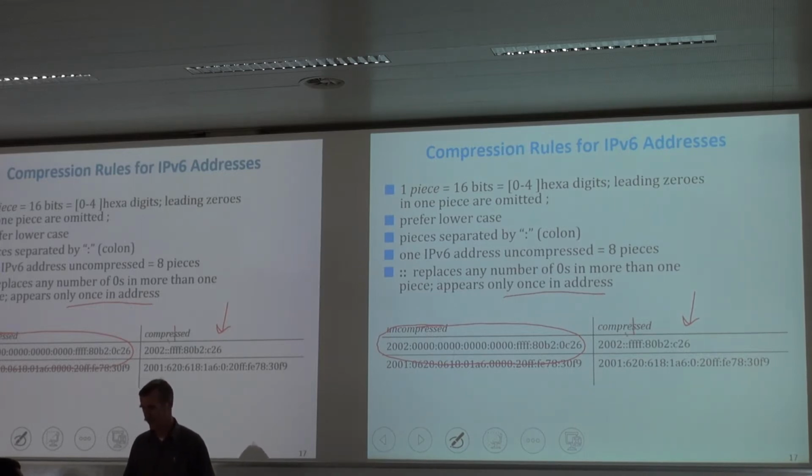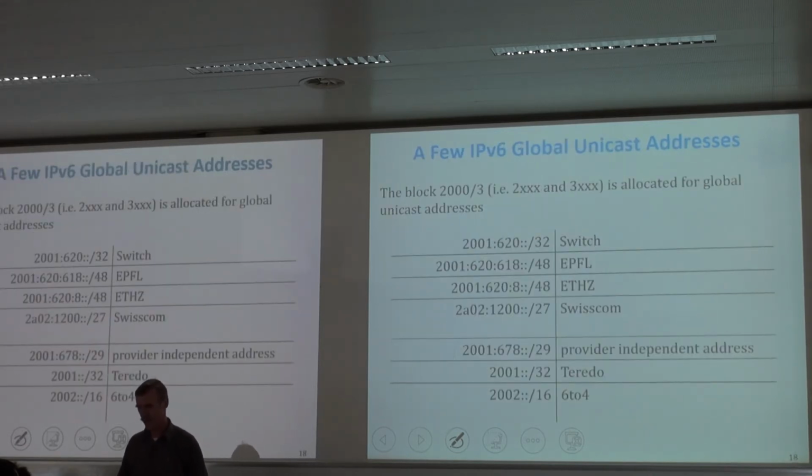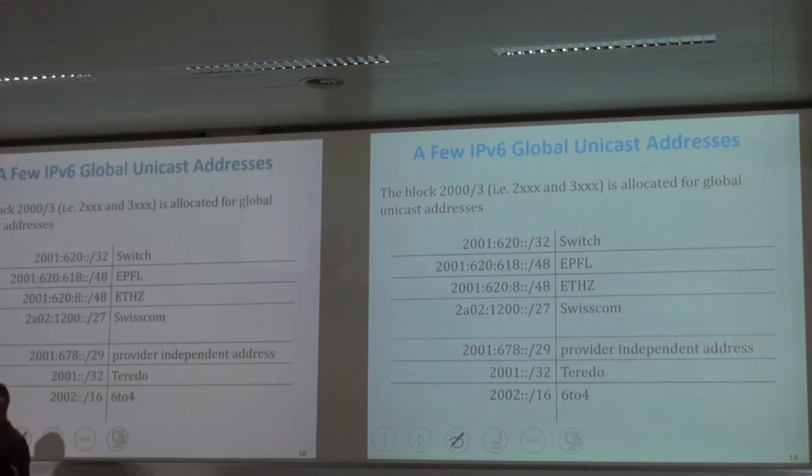And if there are leading zeros that have been omitted, like here, the 620 is a 0620. So those two rules, blocks of 4 hexadecimal digits called pieces, and you can remove all the zeros at most once in an address, allow us to write more human readable addresses. In particular, when we describe prefixes, it's easier to use this convention.